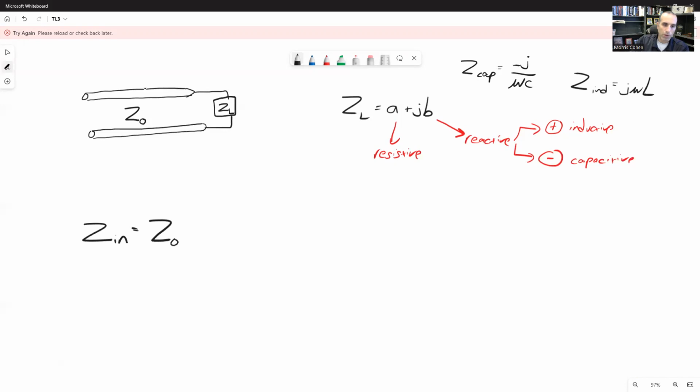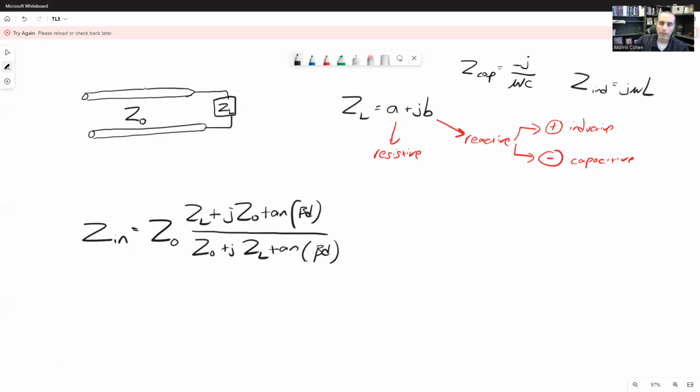Zin equals Z0 times ZL plus J Z0 tangent of beta D, divided by Z0 plus J ZL tangent of beta D, where D is the length of the transmission line.